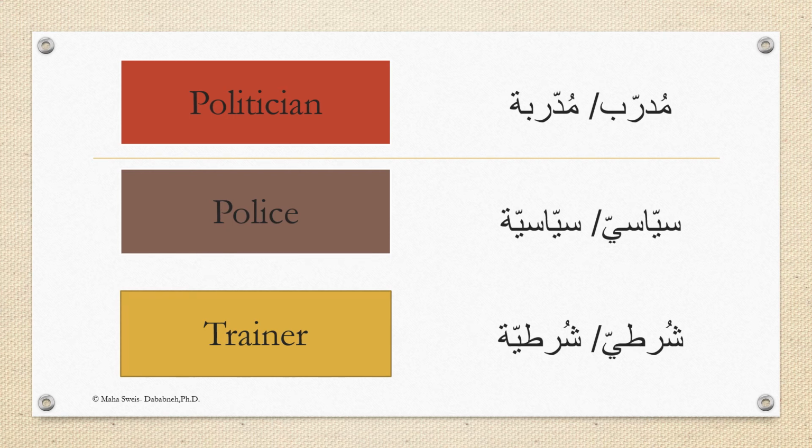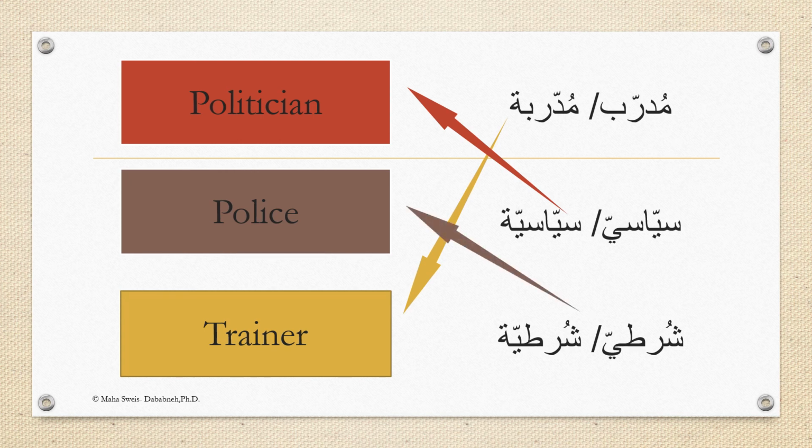Think and try to find out the correct answers. Here's one. Here's two. And here's the last one. Keep practicing until you memorize all the professions or occupations vocab.